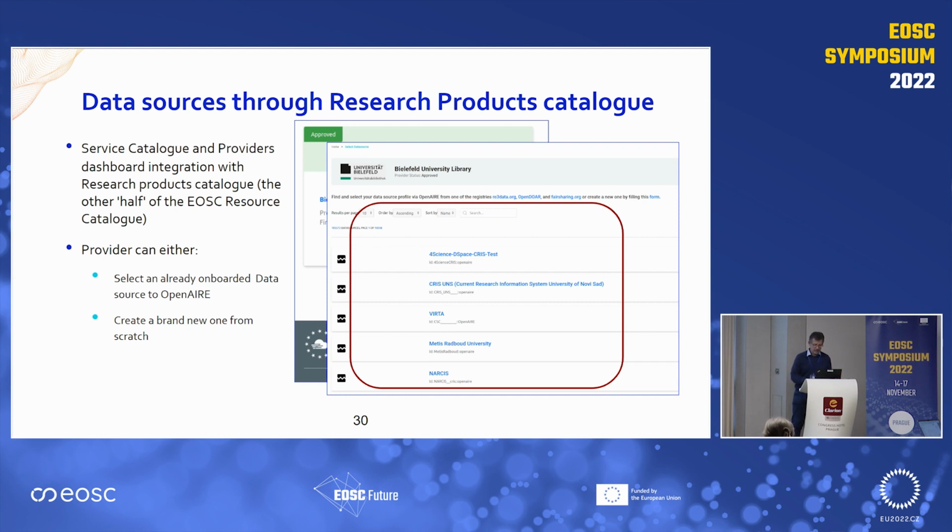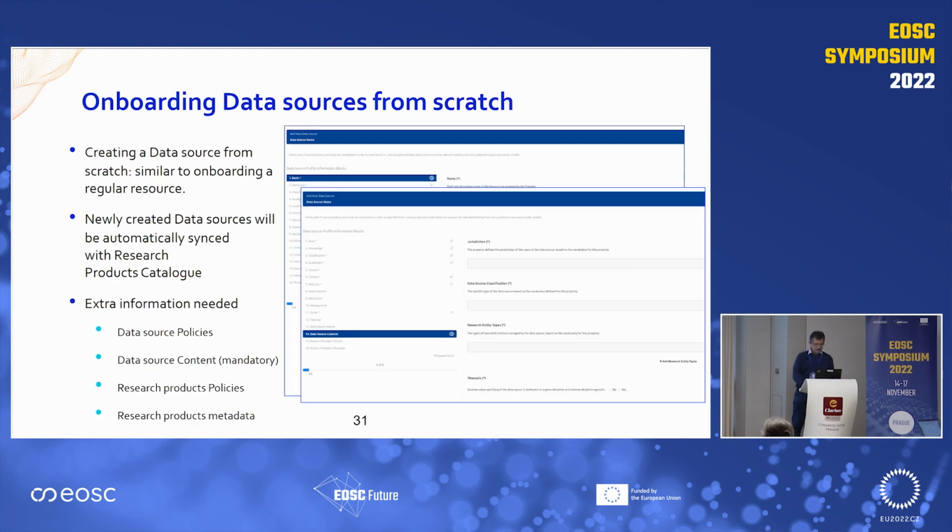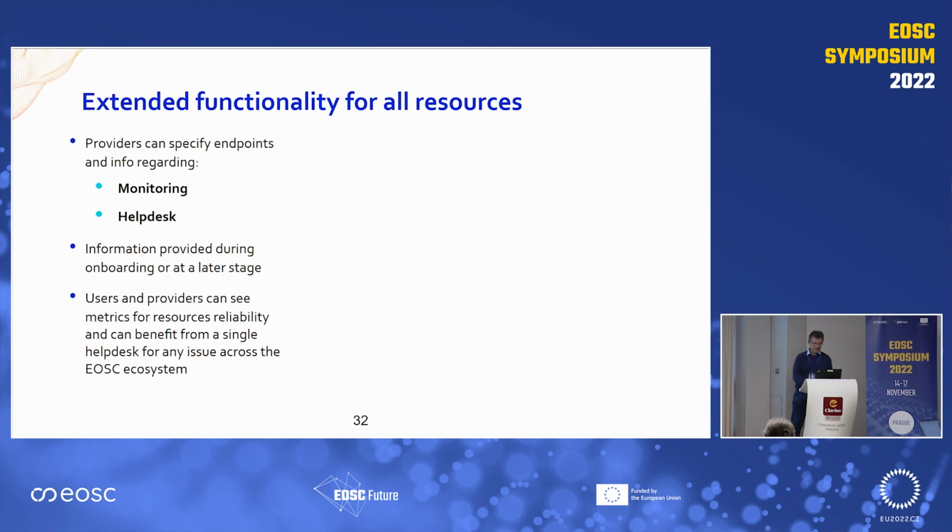Here's a screenshot of the current system. This is also explained by George, which is the fields of the catalog. There are some mandatory fields for this data source, and I will go through more.